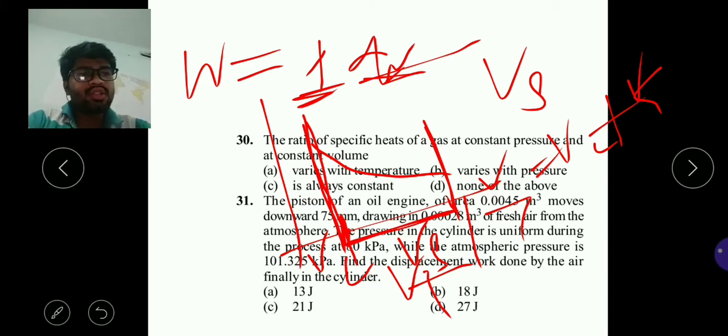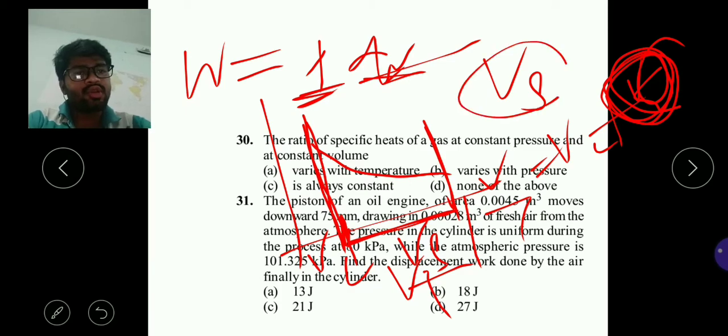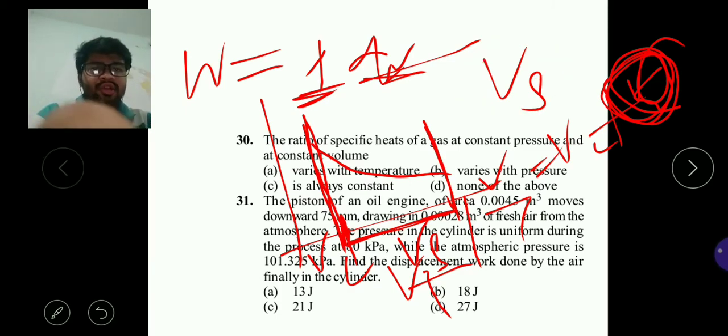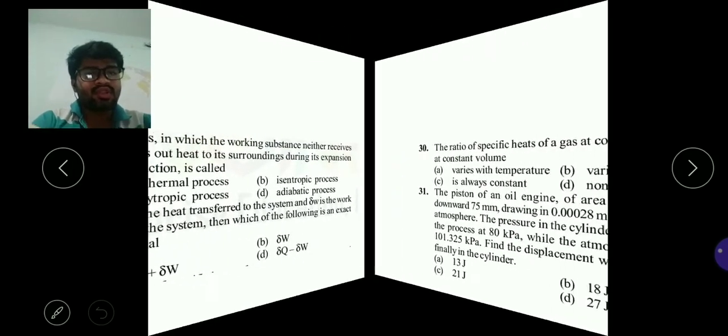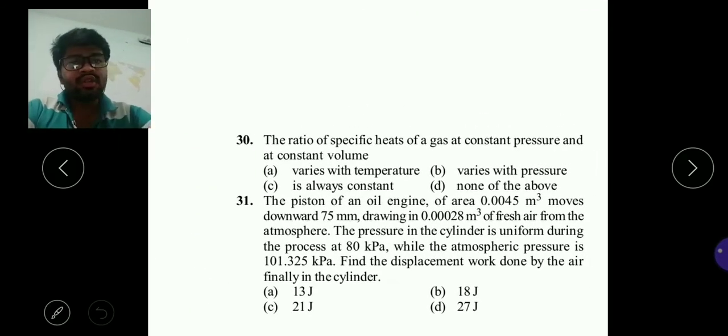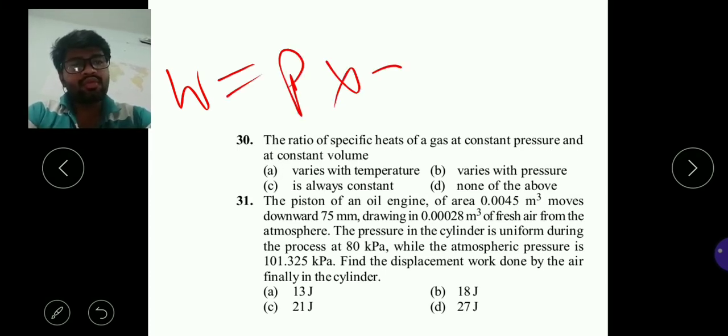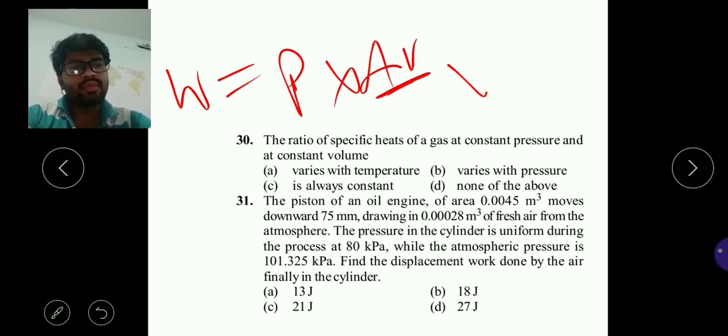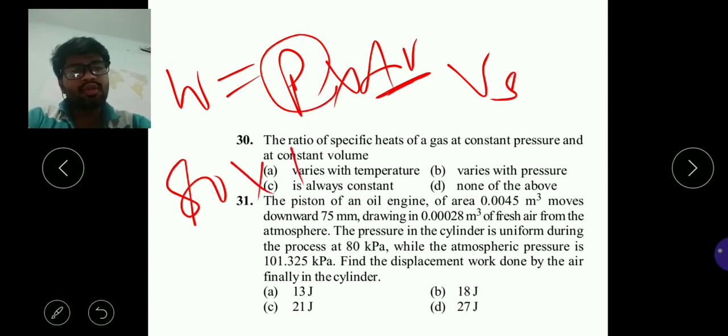Here the movement of your piston takes place during the swept volume only. If you find the swept volume, that is the piston movement volume, we can calculate the work done. W equals P into dV, where dV equals Vs. P is given, 80 into 10 to the power 3, that is 80 kilopascal.